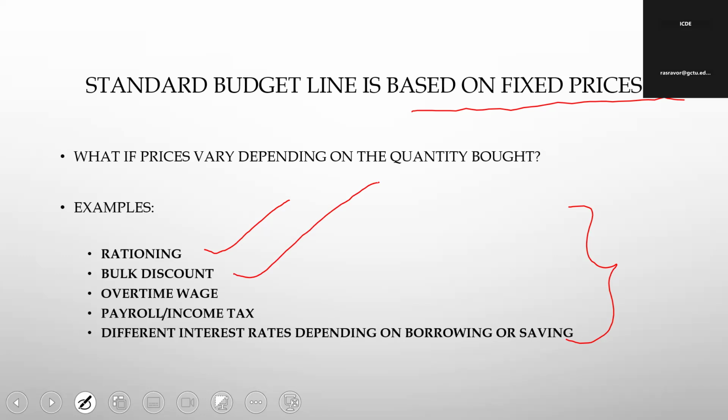What if there is an overtime wage? So you are making more money. What about payroll and income tax? What if you are borrowing at different interest rates or saving at different interest rates? These are questions that we face in everyday life.